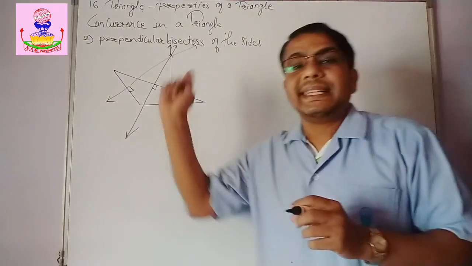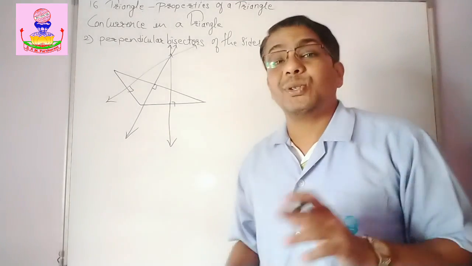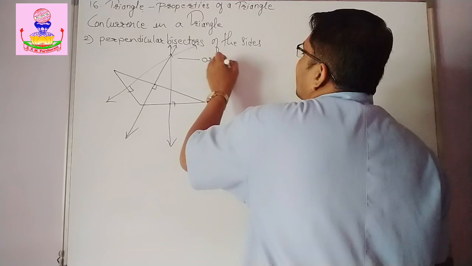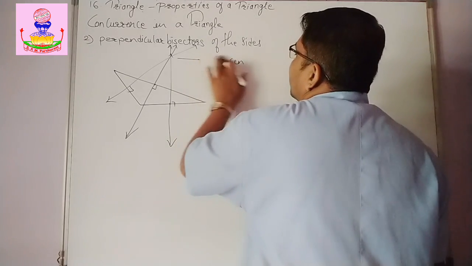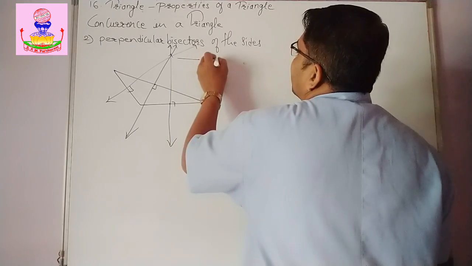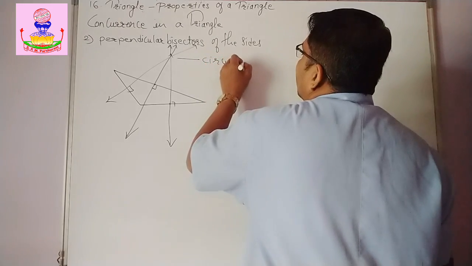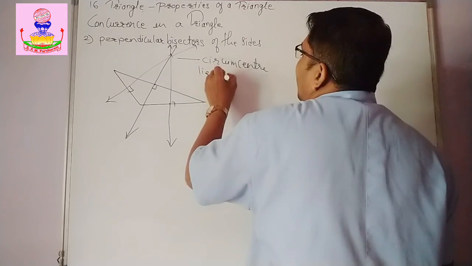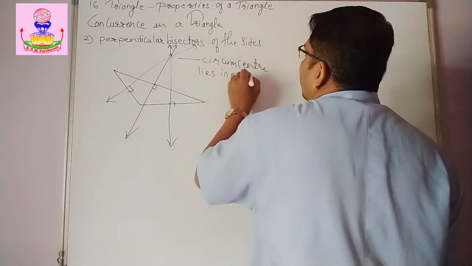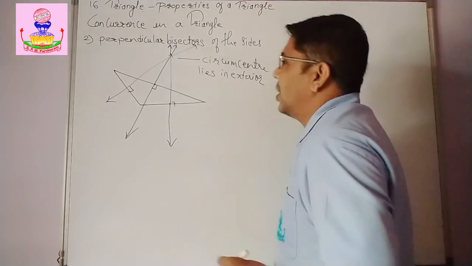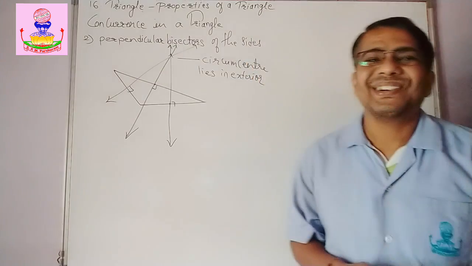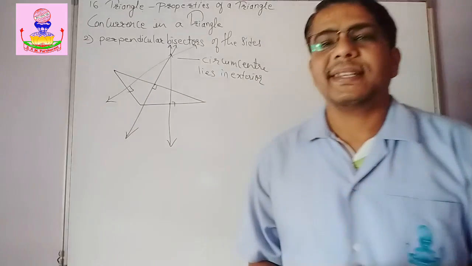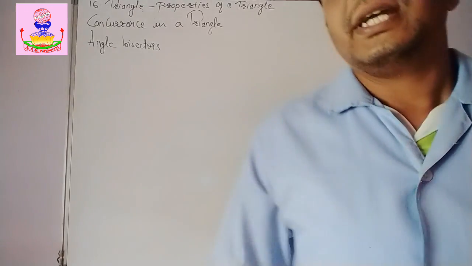Okay, now you can see they meet in the exterior of the triangle. So the orthocenter lies in the exterior of the triangle. Not orthocenter, circumcenter. The circumcenter lies in the exterior of obtuse angle triangle.